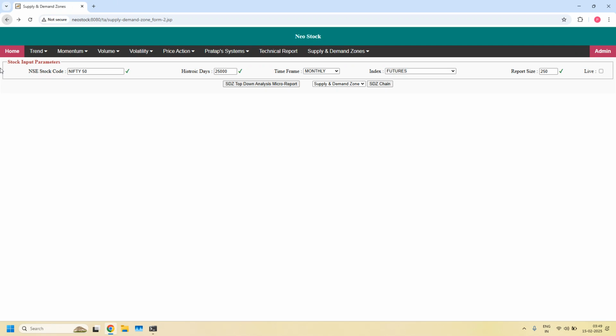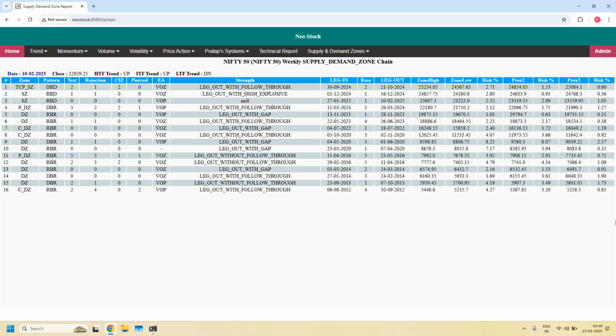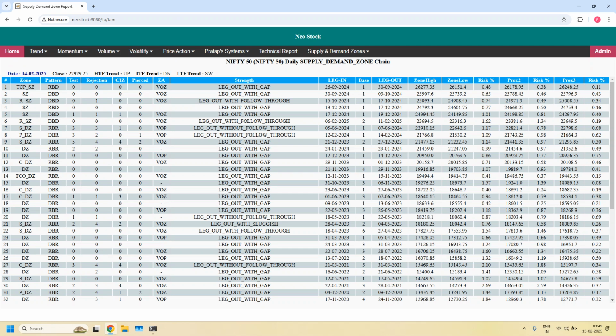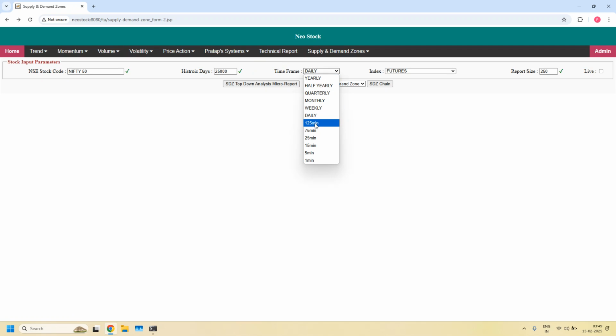Okay, next, weekly supply demand zone chain for NIFTY. Next, daily supply demand zone chain for NIFTY. Next, 125 minutes supply demand zone chain for NIFTY.